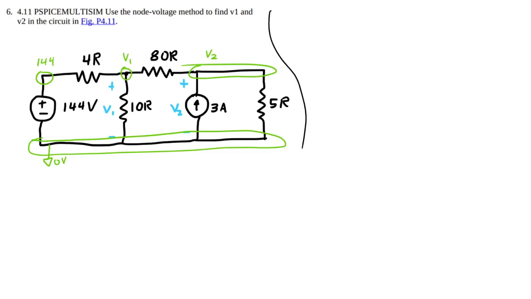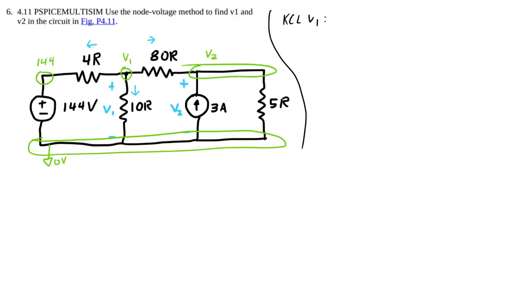Then we've got to consider each node and do a KCL there. So in nodal analysis, you assume all currents are leaving that node, and then do a KCL for that node. So we're going to do KCL at V1, and I'm going to go straight from the currents to the equations for the current in a resistor, just Ohm's law.